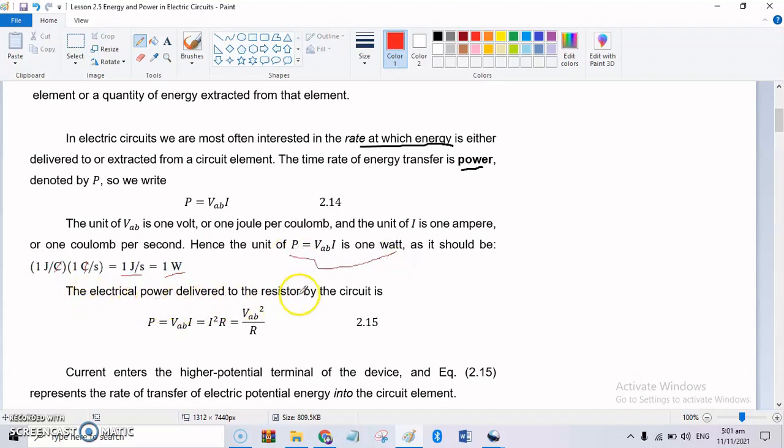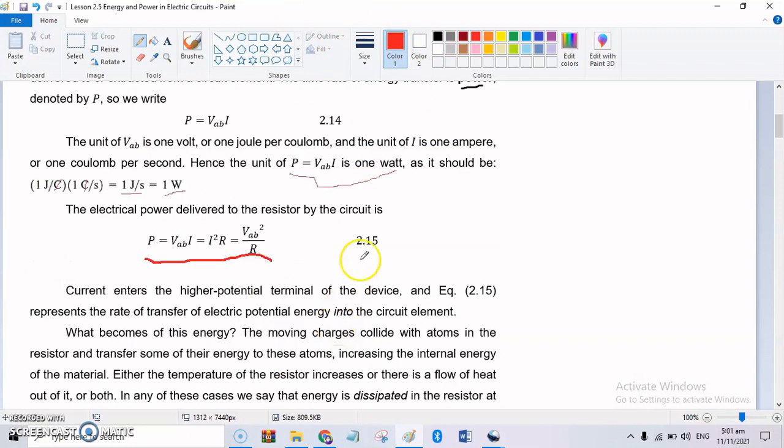Electrical power delivered to the resistor by the circuit is P equals VAB times I, equals I squared R, equals VAB squared over R. How that happens, we will not explain thoroughly, but just remember this equation 2.15. It is a relationship of one to three.